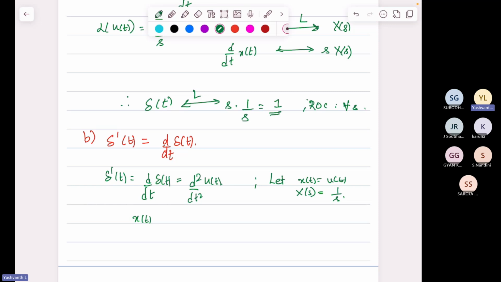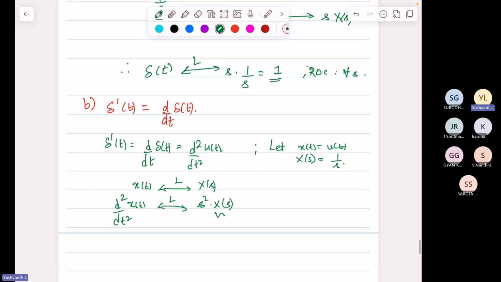So if x(t) has a Laplace transform X(s), then d square x(t) by dt square will have the Laplace transform s square into X(s). But X(s) is nothing but 1 by s. Therefore, delta dash of t will have the Laplace transform s square into 1 by s, which is equal to s.